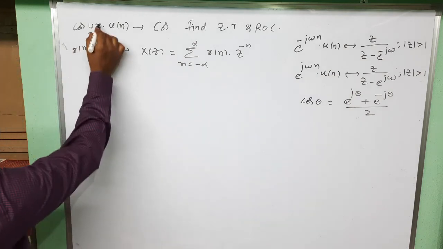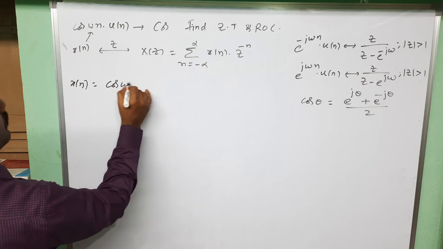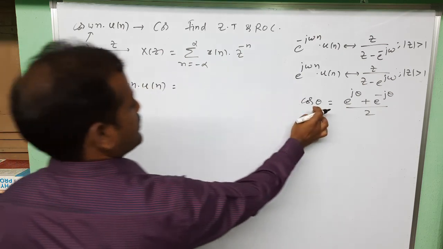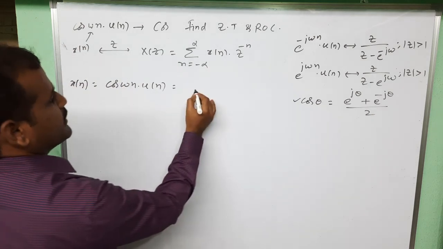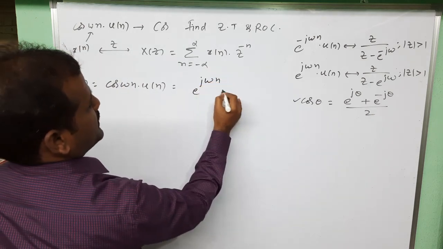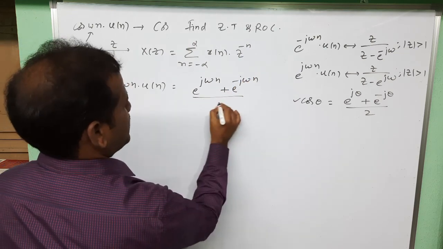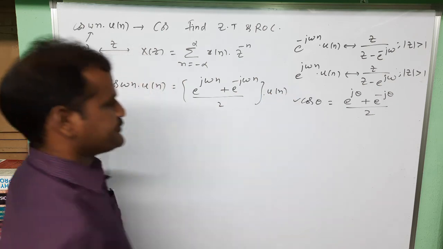So I am writing this x of n, cos omega n u of n, by using this formula, as cos omega n equal to e to the power of j omega n plus e to the power of minus j omega n divided by 2, multiplied by u of n.